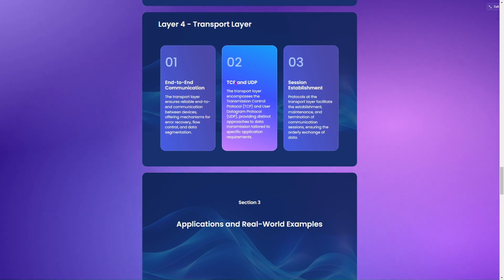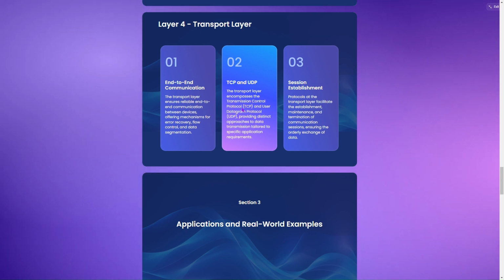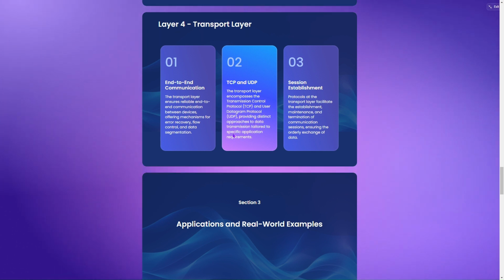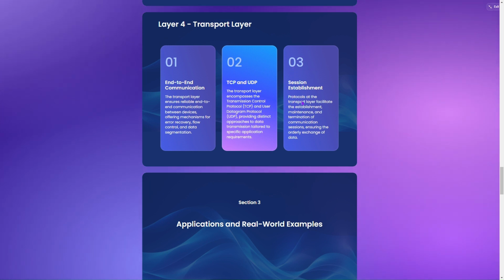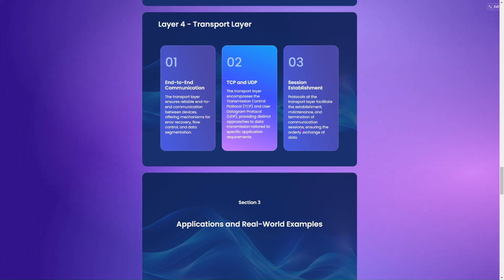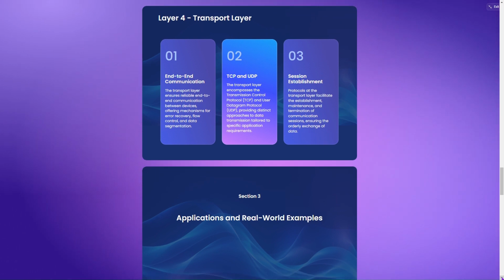The transport layer encompasses the Transmission Control Protocol, TCP, and User Datagram Protocol, UDP, providing distinct approaches to data transmission tailored to specific application requirements. 3. Session establishment. Protocols at the transport layer facilitate the establishment, maintenance, and termination of communication sessions, ensuring the orderly exchange of data.